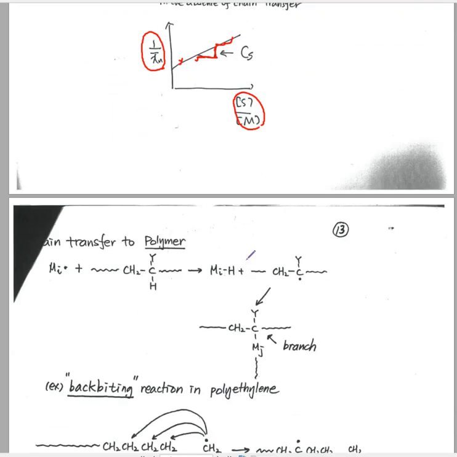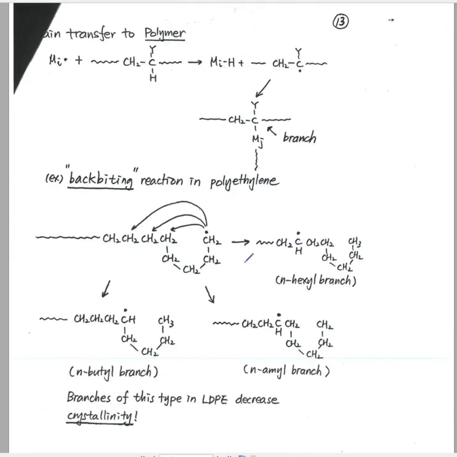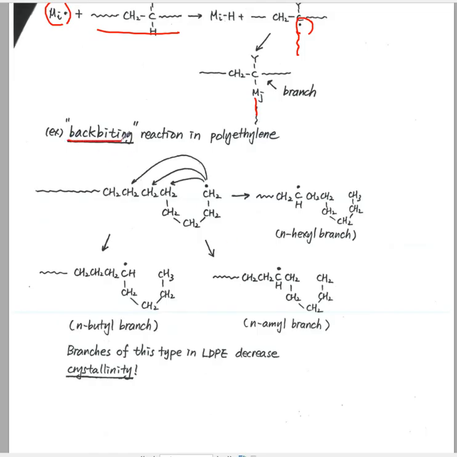So here shows an example. The chain transfer can occur not just to initiator, solvent, or monomer. It could also happen to polymer. If the reaction occurs between the free radical and a polymer, then this polymer can obtain the free radical, and an additional branch could form. Another example is called backbiting.